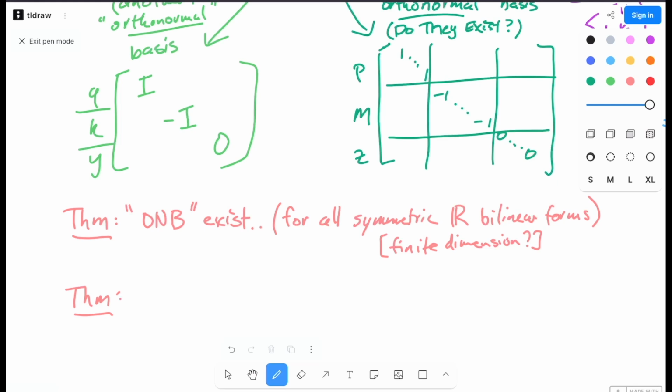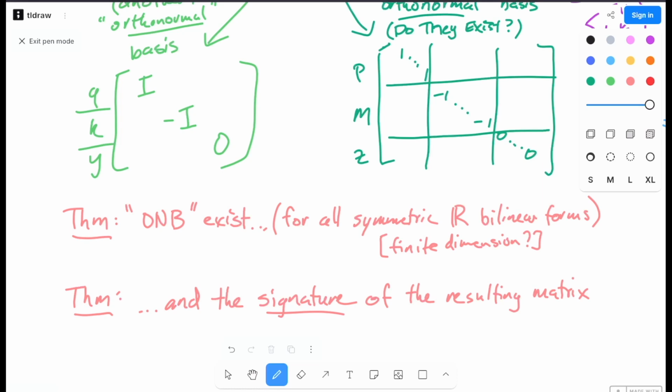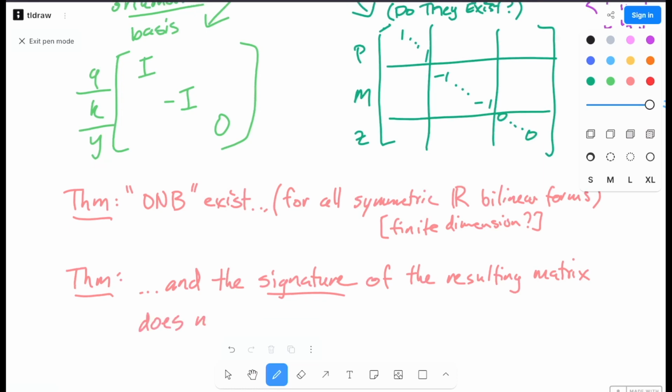So in addition to the existence, the signature of the resulting matrix does not depend on the basis.